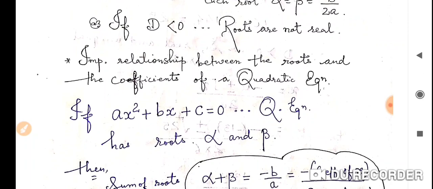A very important relationship between the roots and the coefficients of a quadratic equation. This part of mathematics is taught in class 10th under the section quadratic equation, and it is an important relationship.